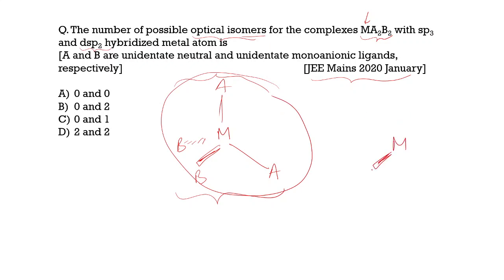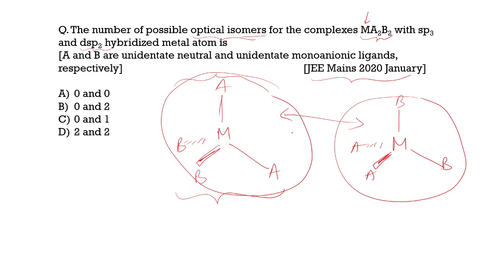Even if you attach A here and A here and B on the top and B here, you can rotate this molecule and superimpose it with this one because they are the same. Chirality appears in tetrahedral geometry only if all the four attachments are different.